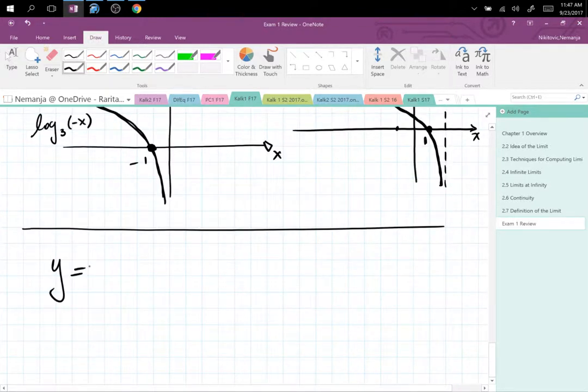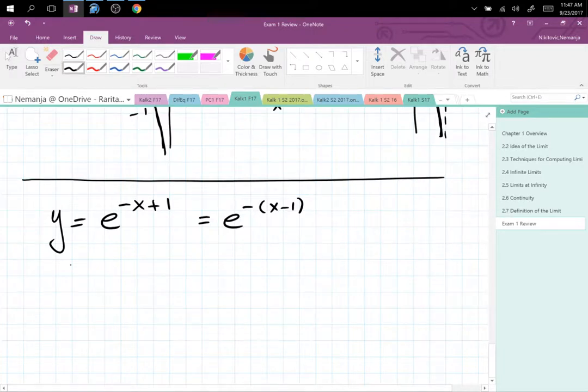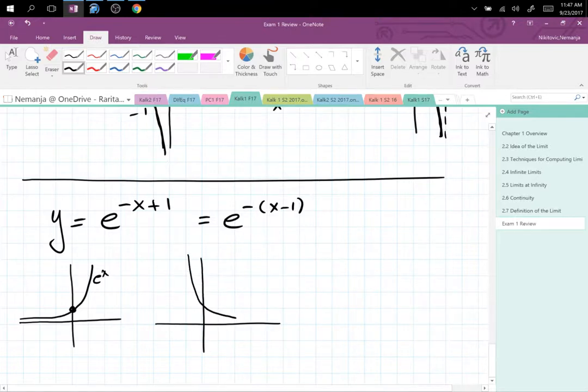The problem that I originally wanted to put here was e to the negative x plus 1. This will work the same way. You are going to write this as e to the negative x minus 1. So you draw the default function e to the x, and then you reflect e to the negative x, and then you shift 1 unit to the right.